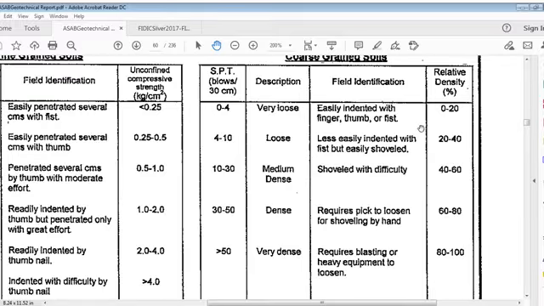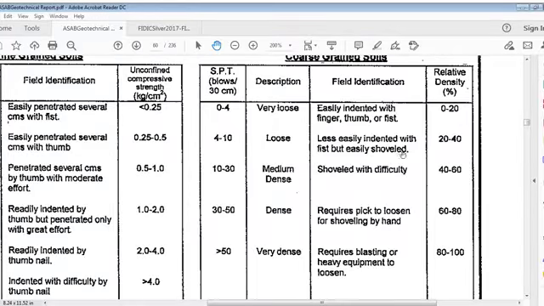And relative density is 0 to 20. Its density is not strength.